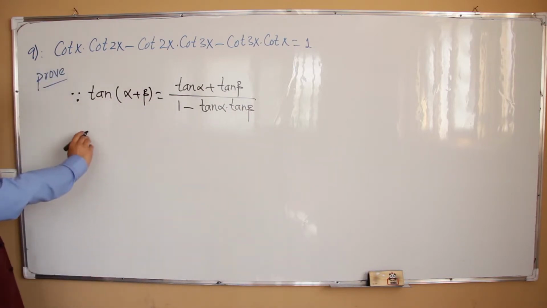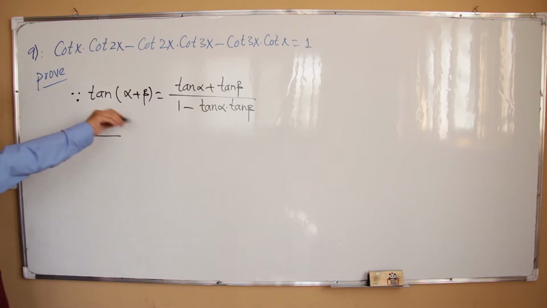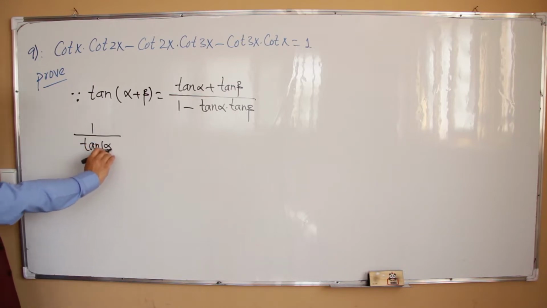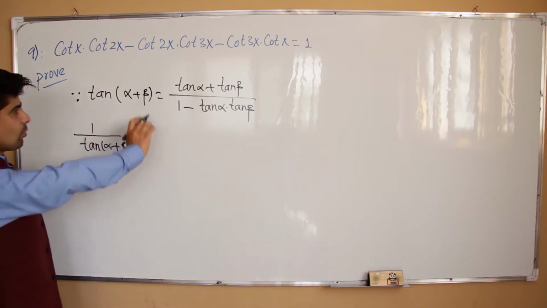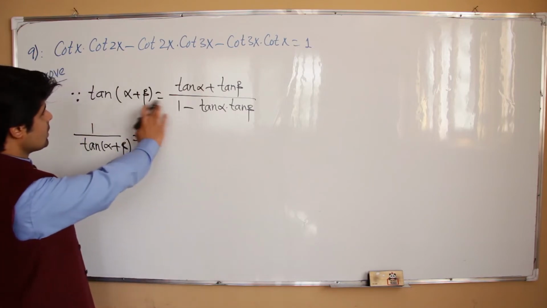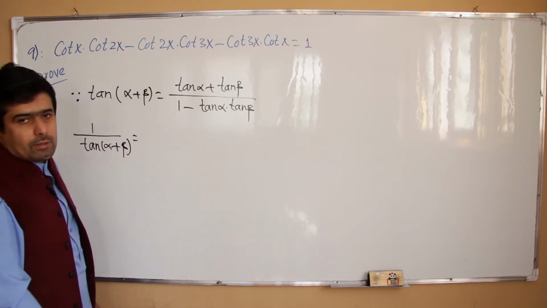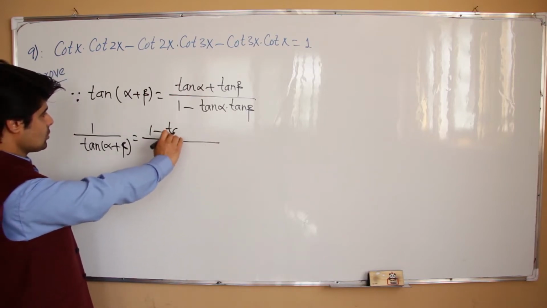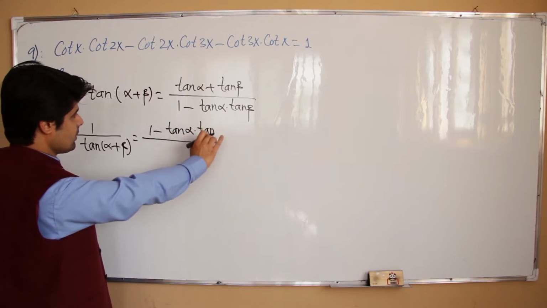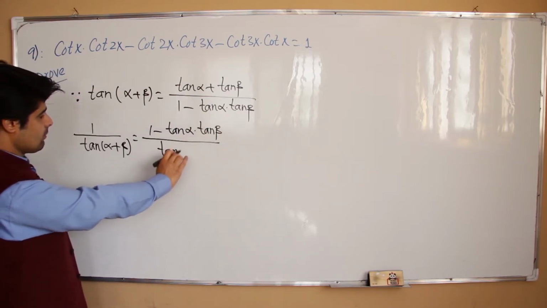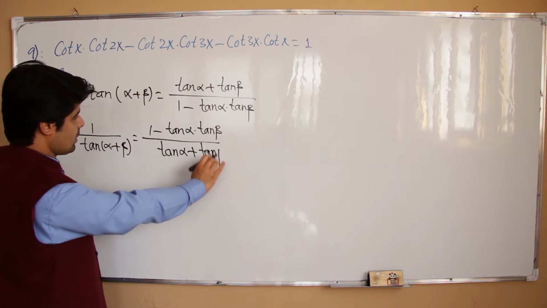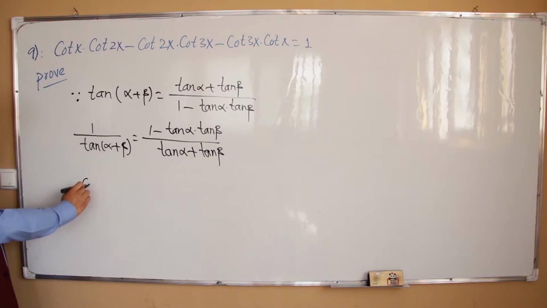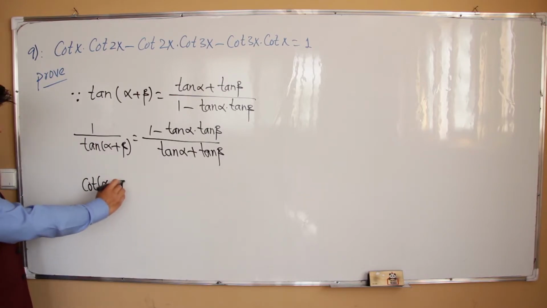Can I write the reciprocal of both of them? 1 divided by tangent of alpha plus beta, inverse both sides of the equality. So it would be 1 minus tangent of alpha times tangent of beta divided by tangent of alpha plus tangent of beta. Is this one correct or not? Yes. Now 1 divided by tangent, this is cotangent of alpha plus beta.